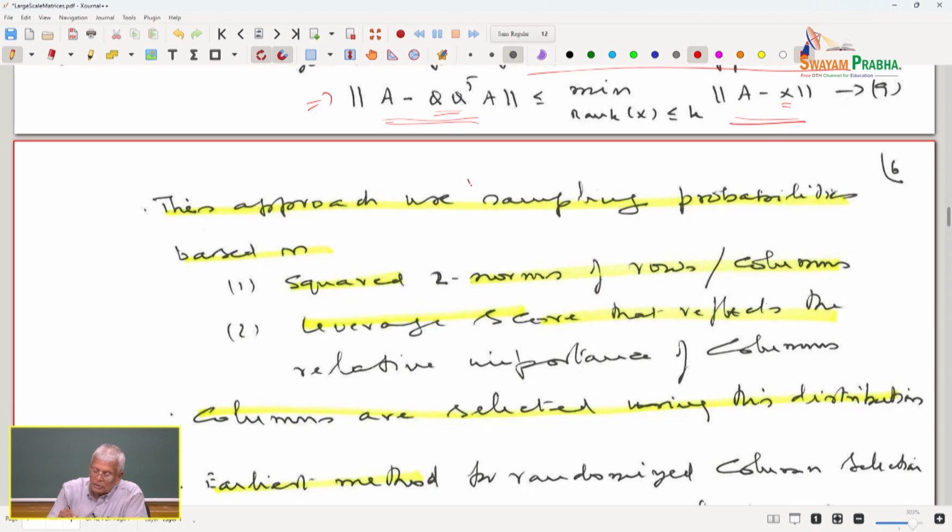So, sampling means I need to be able to specify the sampling distribution. There are two ways of sampling. One is called uniform sampling. If I have n columns and I want to pick a subset of k columns, I can generate uniformly distributed random integers in the range 1 through n.